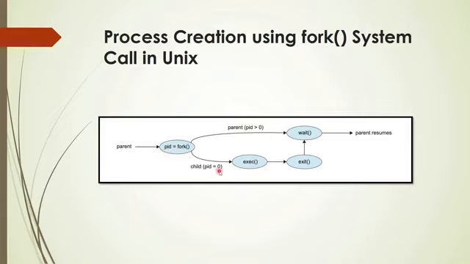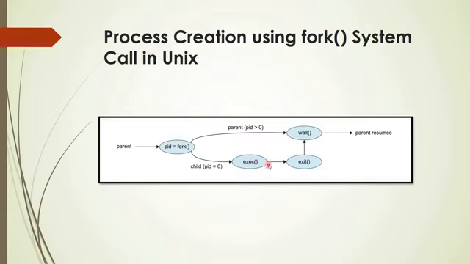Now in this example, you see the parent executes and waits for the child process to terminate, and this is with the help of the wait system call. The child process will replace its memory with a new program with the help of the exec system call.